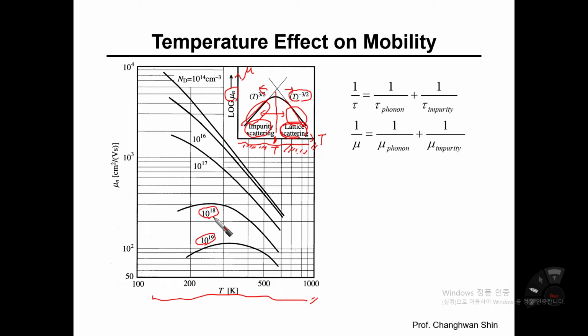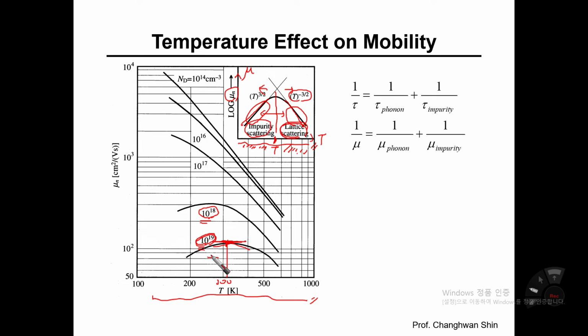When the doping concentration is high enough, especially in the case of 10 to the 19, you can see around here that at room temperature, the mobility value is high. The highest mobility can be found near room temperature when the silicon sample is heavily doped.